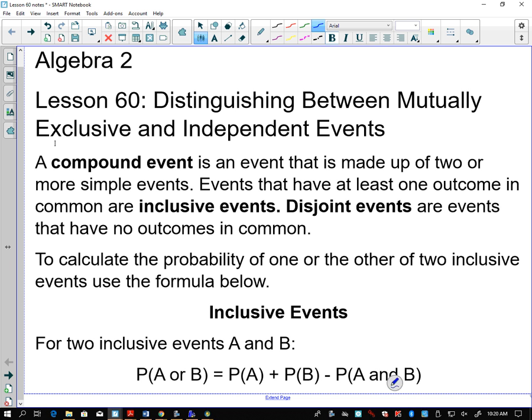There's a really good example with example 1 in your book because 3 is blue, right? The two sets intersect at B3, therefore the two events are inclusive.